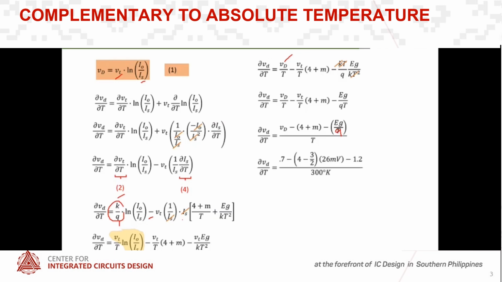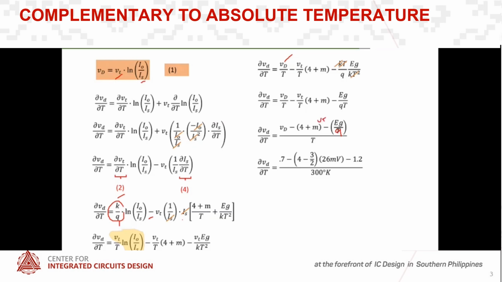For the ideal voltages for a diode, we have 0.7. Then minus (4 plus m), where m, as I mentioned, for the mobility is equal to negative 3 halves. I forgot the Vt term here.